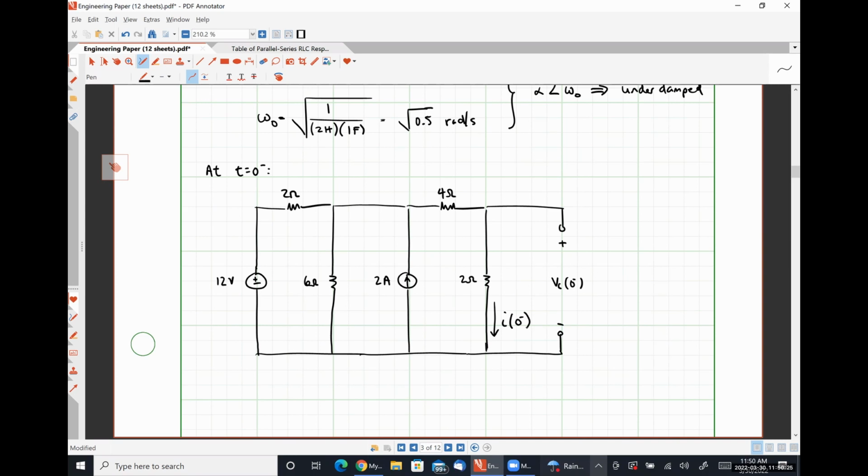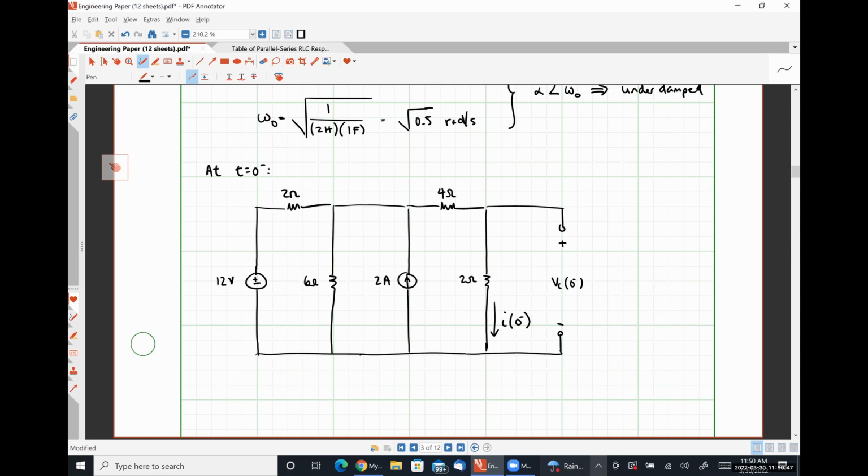All right. So how do we feel like we should go about solving for these quantities? Source transformation, okay, on the 12 and the 2. All right, so the suggestion is to do a source transformation on the 12 and the 2.